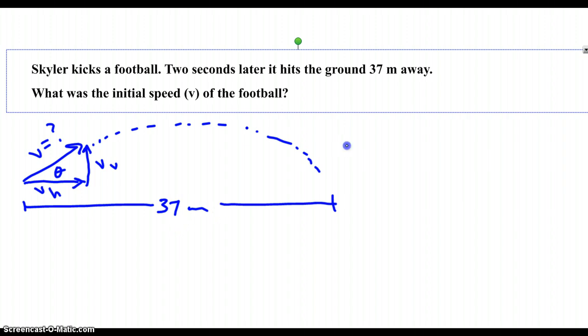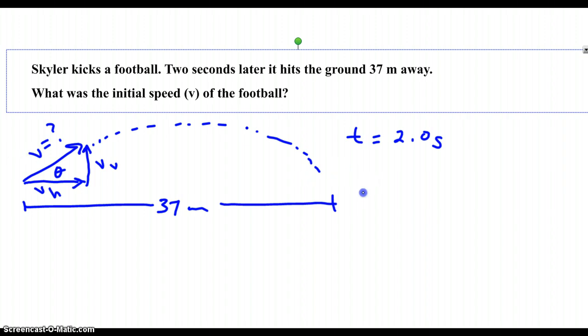We know time in this problem, that the time that it took for the football to rise up to its highest point and hit the ground again was 2 seconds. In order to find the starting speed, first let's calculate what was the horizontal speed. We're looking for launch speed, which is v.